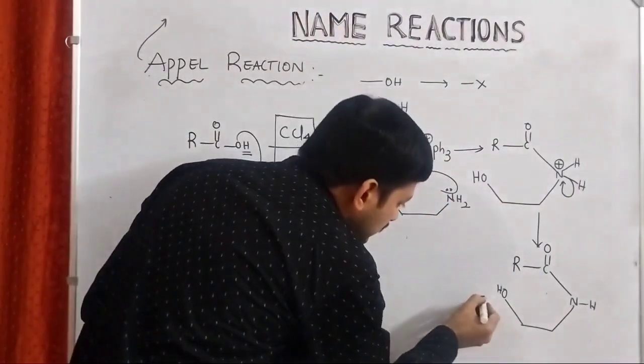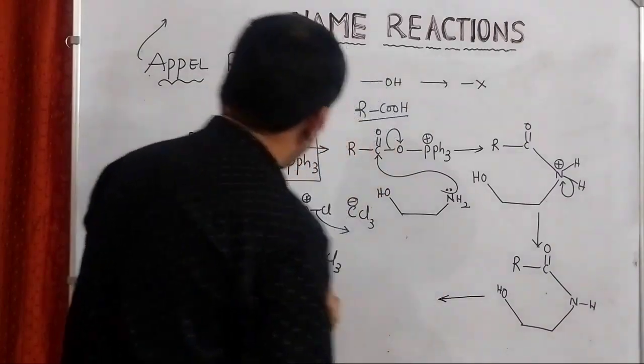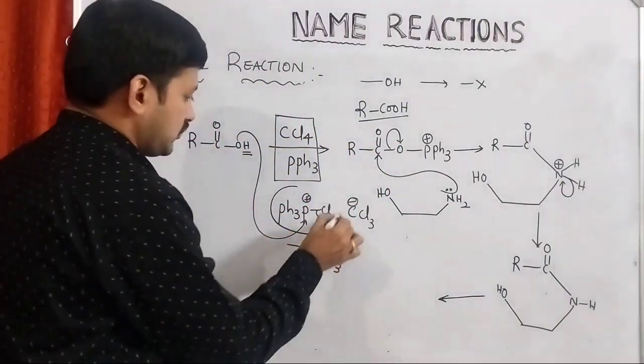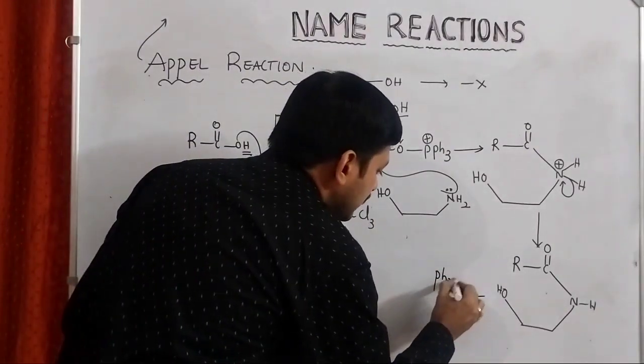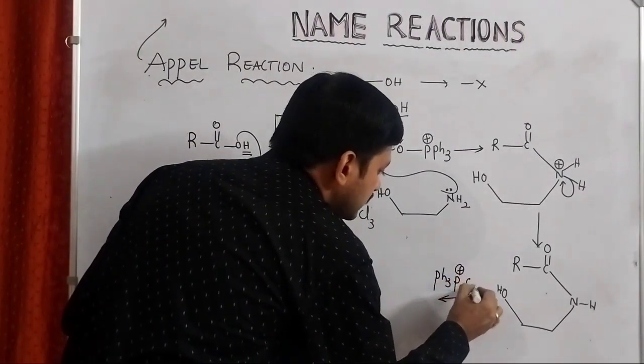Now let us see, this is going to be treated with this particular moiety, Ph3P+ and Cl-.